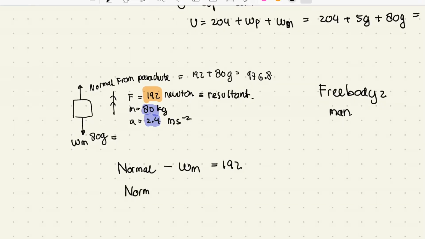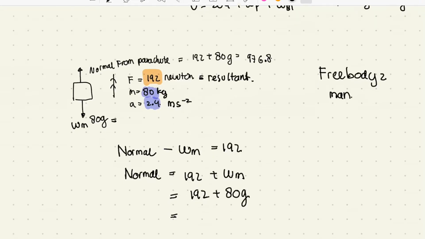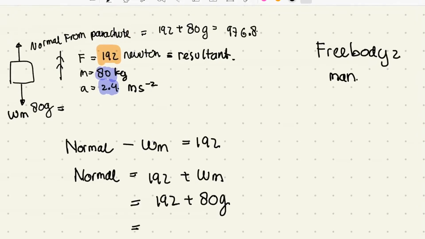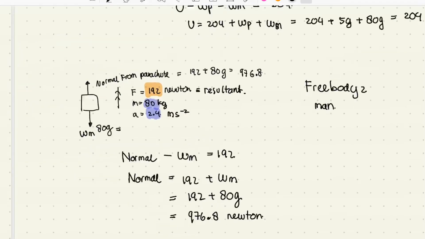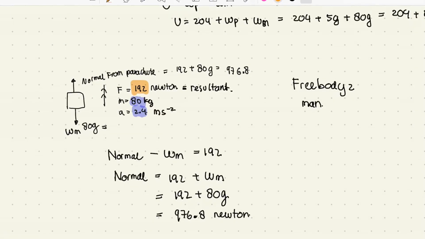So normal will be 192 plus Wm, which is 192 plus 80g, and g is 9.81, of course. Then you substitute the values, you get 976.8. The unit is, of course, Newton. That's our final answer.